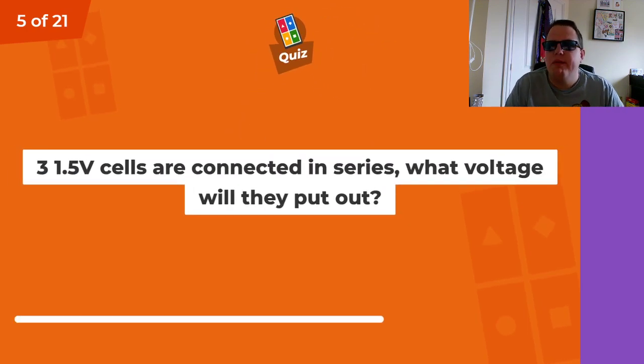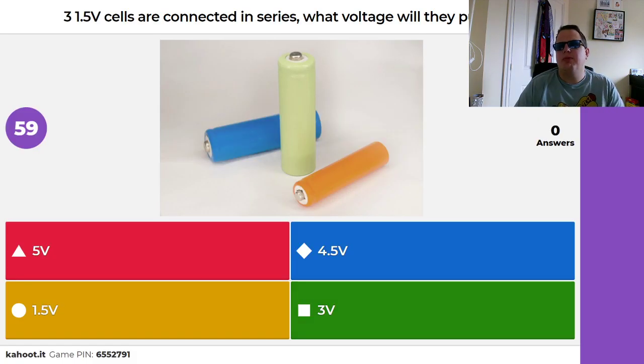Right, question 5. We have 3 1.5 volt cells connected in series. What voltage will they put out?